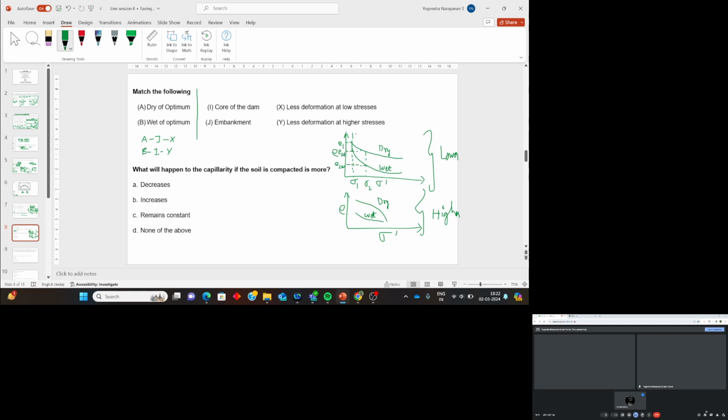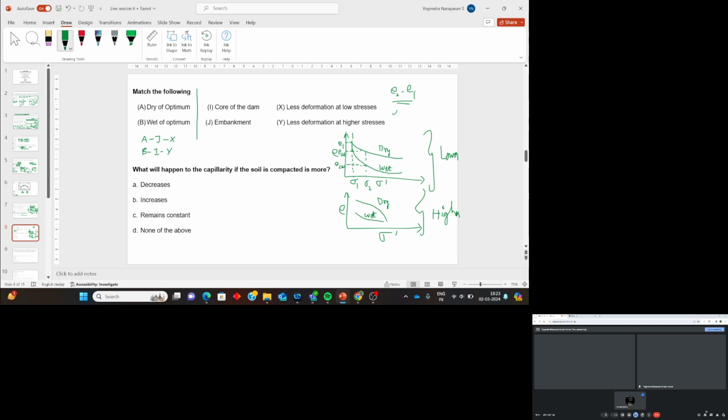Now what does deformation mean? Essentially it means e2 minus e1. e is the void ratio, so change in void ratio is obviously deformation.